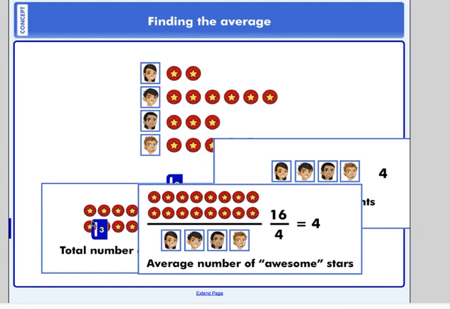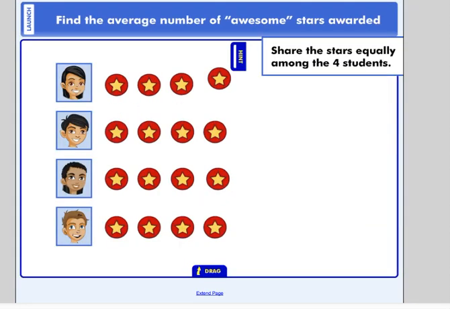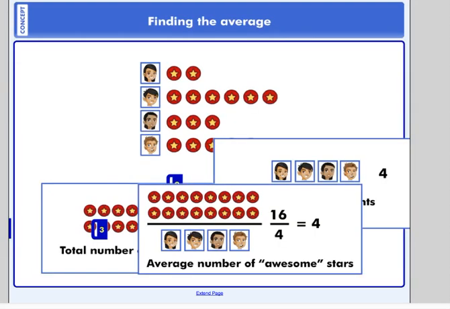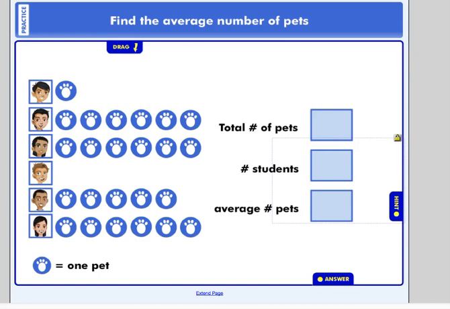So we get the same answer. Now, if your numbers are smaller, you can do this sharing thing. It was pretty easy for us to share since our numbers were small. Sometimes, when our numbers get really large, we have to use the division method. Add up all of your numbers, then divide by however many were on your list.